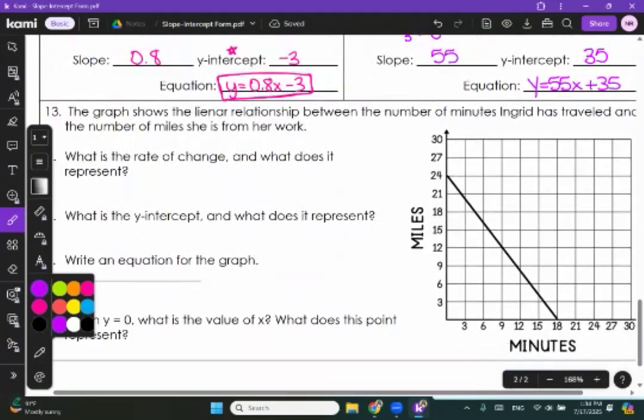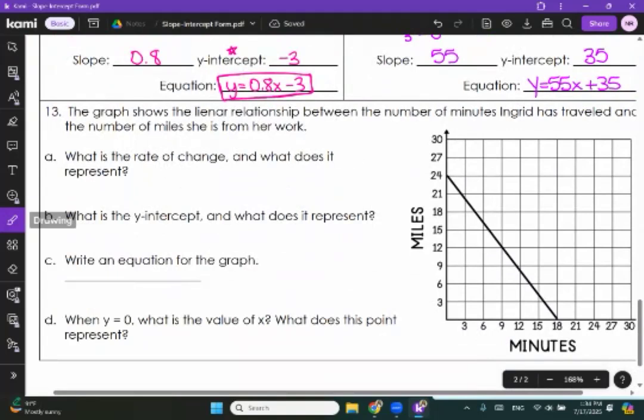Okay. Why would the miles be going down? Because she is getting closer to her destination. So it says, what is the rate of change and what does it represent? When you see that word represent, they're wanting to know what it represents in words.